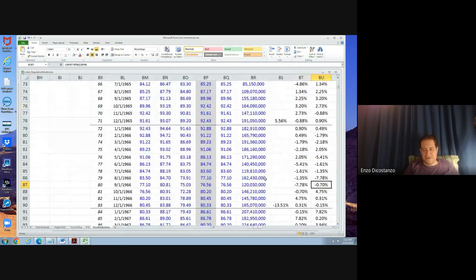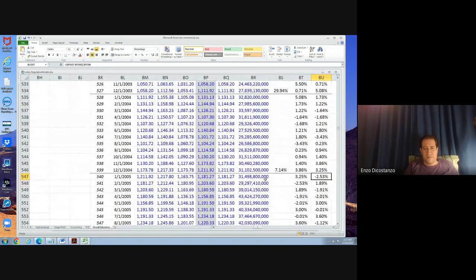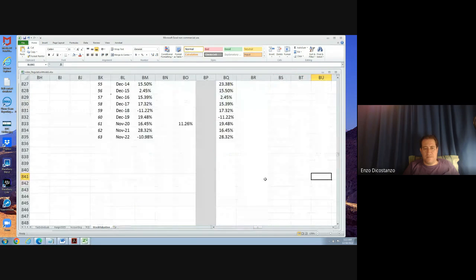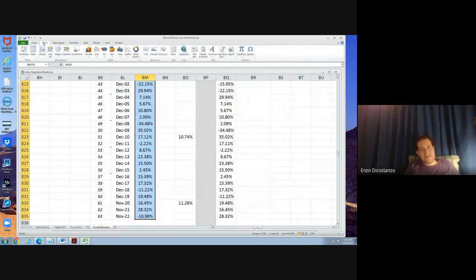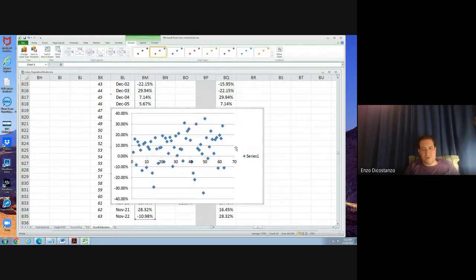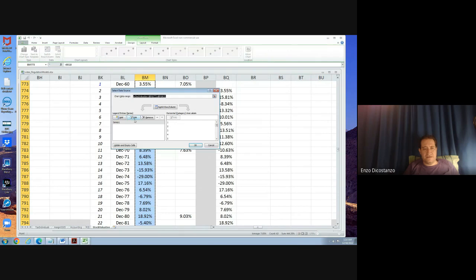And actually, this will just be a scatter. So what we're getting today, this is T. Okay, this is T. Okay, insert scatter, and we're just going to do scatter. We're gonna fix that. Click on the layout, and then go to select data, edit.